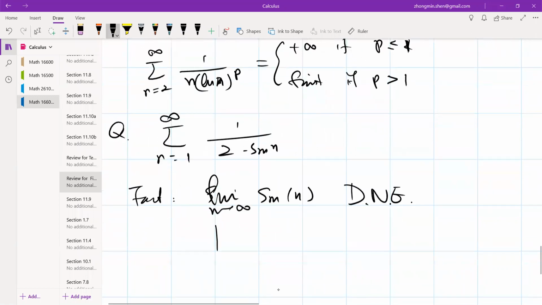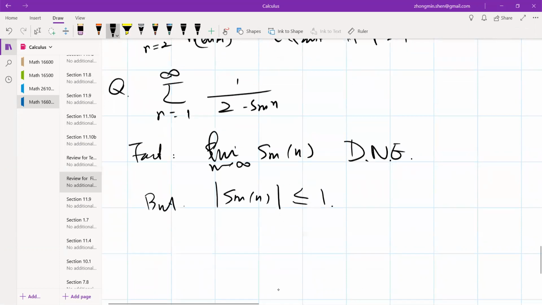The only property you can use is that sine n is less than or equal to 1. Okay, that's it. It's always between negative and positive 1. But that's enough. We look at the denominator, right? 2 minus sine n. What is the largest possible value?